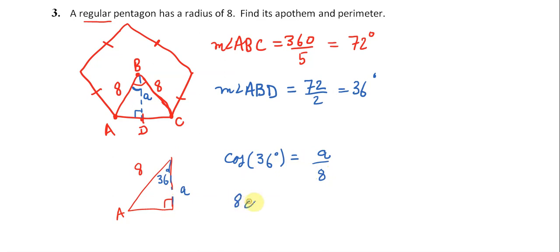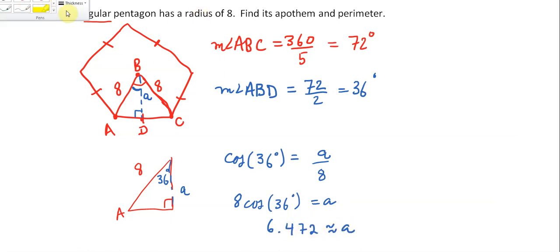So multiply both sides by 8, and I get 8 cosine of 36 is equal to a. All right. Now I'm not going to get a perfect answer, so we'll have to round. And this turns out to be about 6.472 units, which is equal to the apothem.